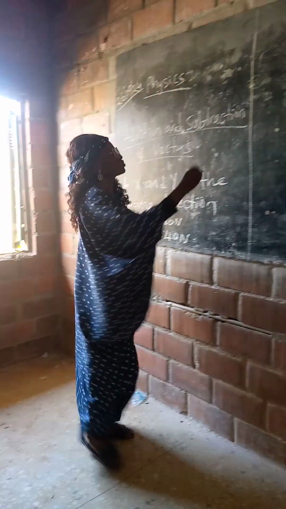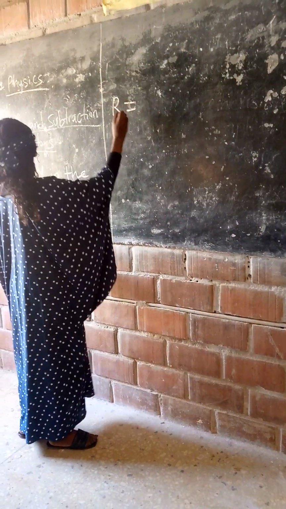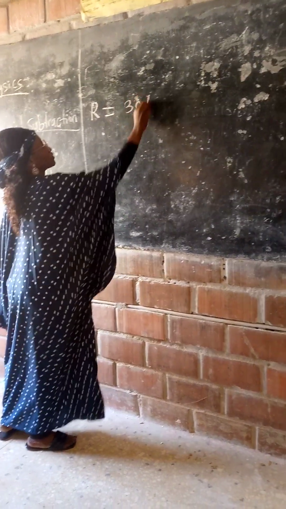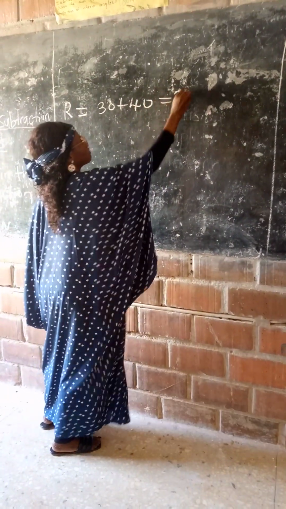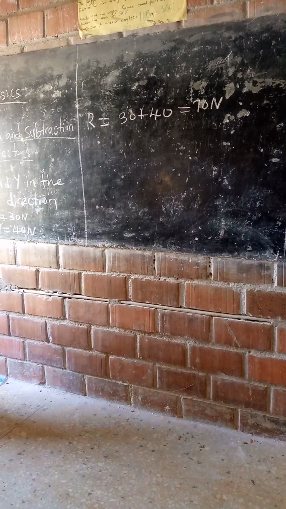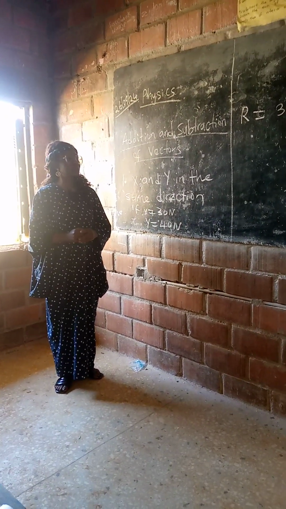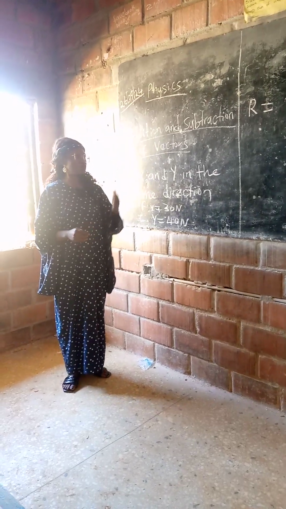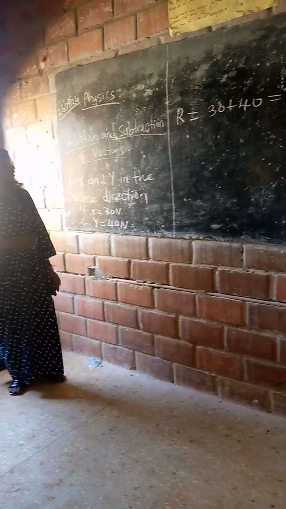So it means the resultant, if x and y are in the same direction, will be 30 plus 40. And 30 plus 40 is equal to 70 Newton. So if we have 2 vectors moving in the same direction, the resultant is simply the algebraic sum: 30 plus 40 is equal to 70 Newton.